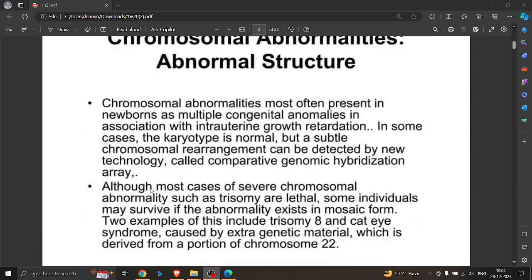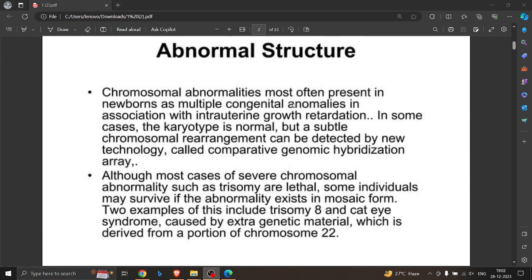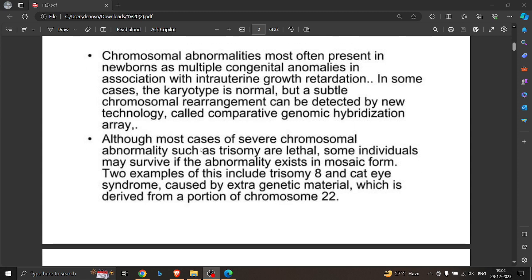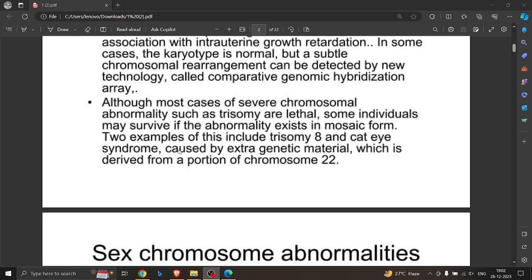Chromosomal abnormalities most often present in newborns as multiple congenital abnormalities in association with intrauterine growth retardation. That is, chromosomal abnormalities are mostly present in newborn infants, where they can develop due to congenital abnormalities in intrauterine growth.